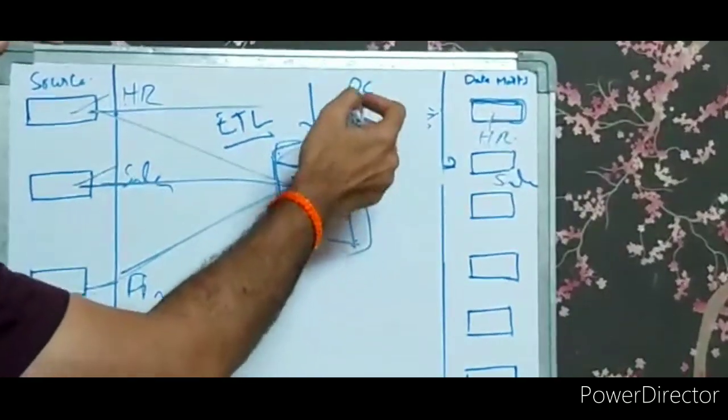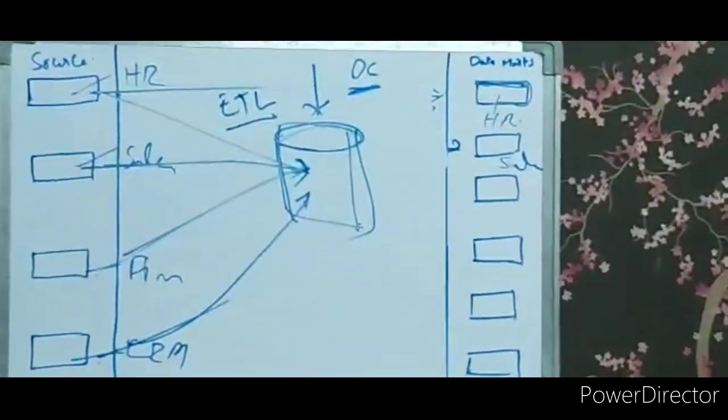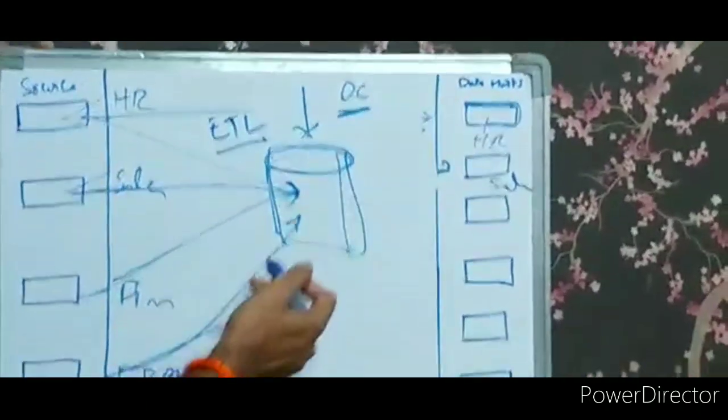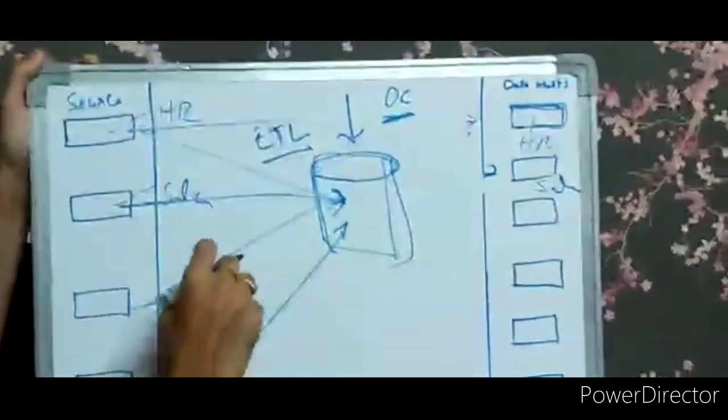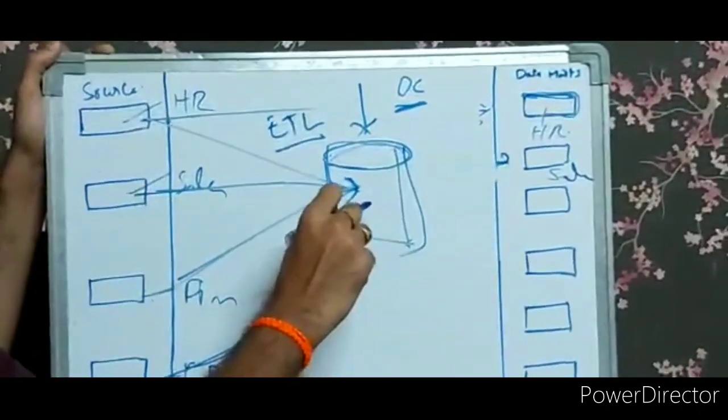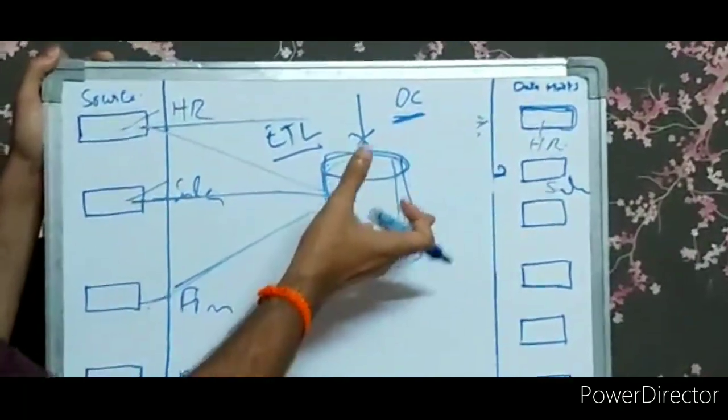What I mean is you can apply certain data quality rules and capture the metadata, and make sure that you are providing single source of truth data to the data marts, right?